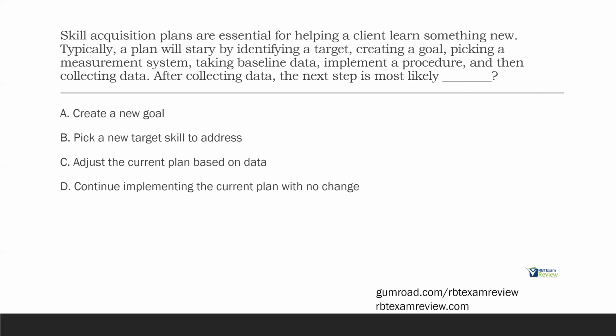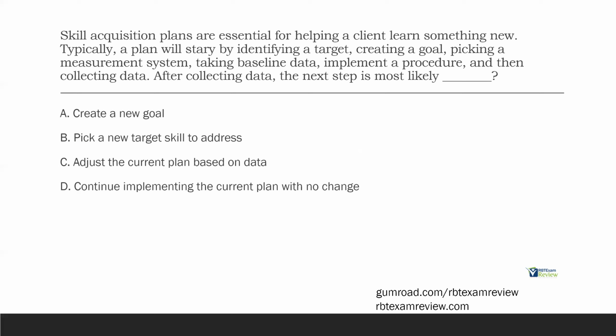Meaning we evaluate the data, we analyze the data, we look at the data, and then we adjust based on that data. That data is going to tell us if our target was hit, if our skill was mastered, if we need to adjust our procedure. But we're not going to know that until we look at that current data and make decisions. So C is very good. Let's look at D, continue implementing the current plan with no change.